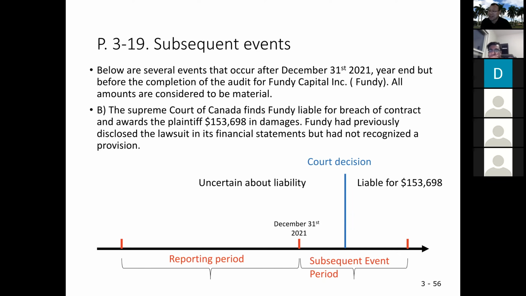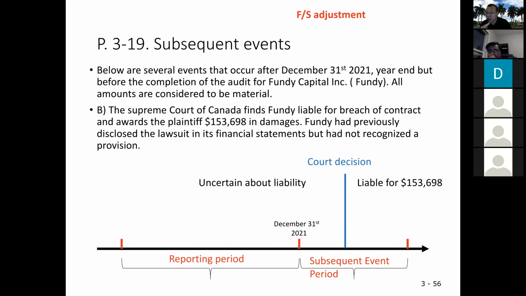Before, you don't know the value. Now you know the value, so you can measure it. So you have to make an adjustment to the reporting period ended December 31st, 2021.